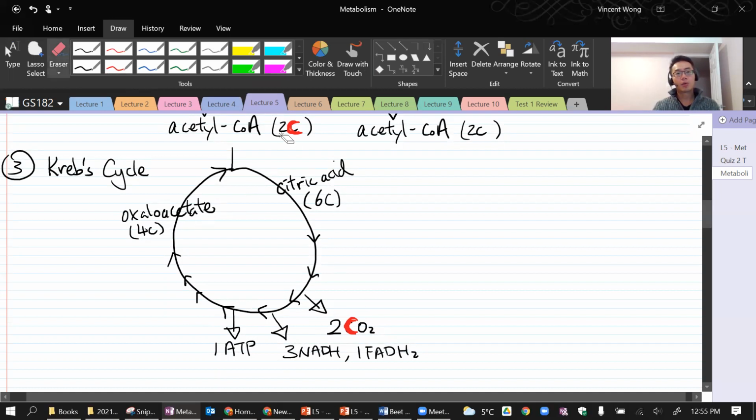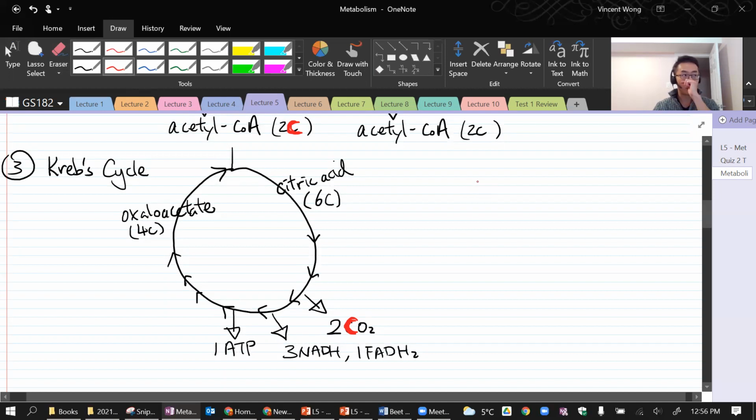So 2 plus 4 gives you the 6, and then 6 minus the 2 brings you back to 4 carbons again. Those 4 carbons would still be in the oxaloacetate, so the cycle regenerates oxaloacetate, and that's going to be ready to react again later on.